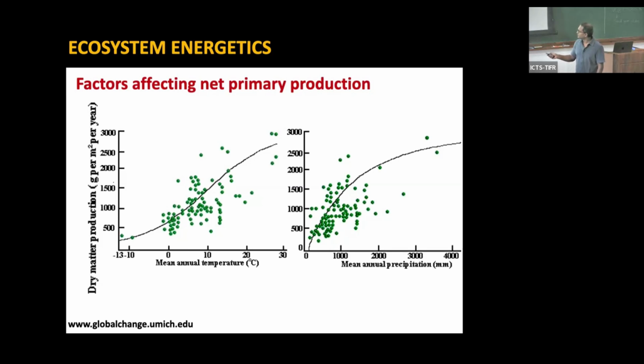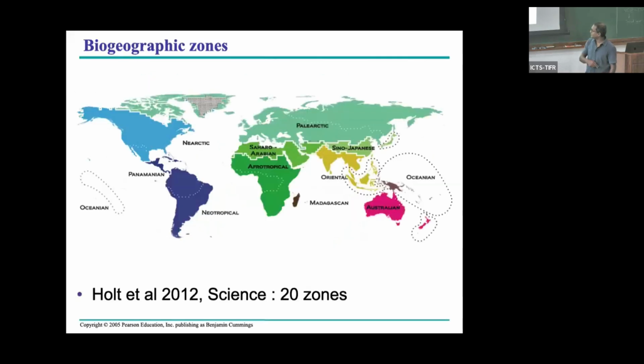And similarly with temperature, there's a slightly different relationship, but pretty much the same. So what we're trying to say is that there are patterns of biodiversity, and there may be other factors that come into how that biodiversity is formed, which may ultimately come down to temperature and rainfall kind of parameters.